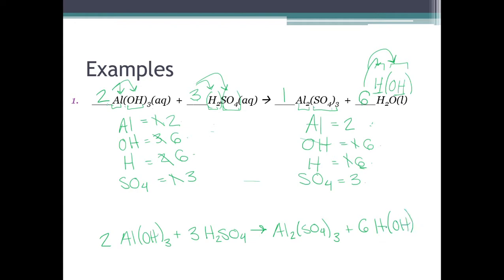This is a perfectly okay way to write this. Probably slightly better is to write it as 6H2O. And that's our final answer.